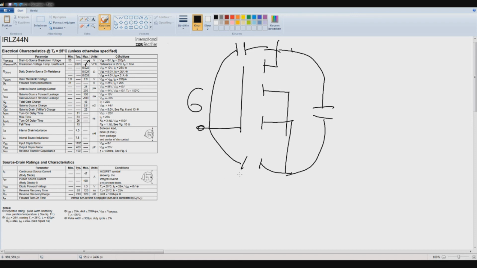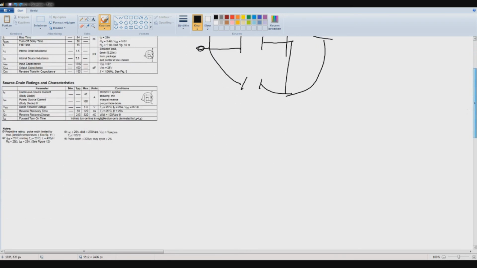And this is basically a part of this capacitor circuit.